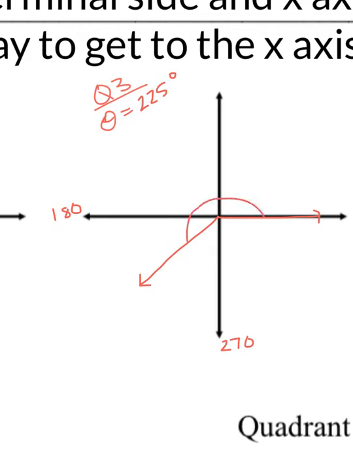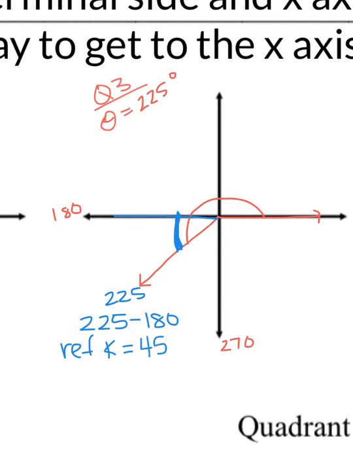This whole thing is 225. My reference angle would be this piece here, because that's the fastest way for me to get to the x-axis. So if this whole thing is 225, I know this is 180. I would do 225 minus 180 to give me a reference angle of 45 degrees.